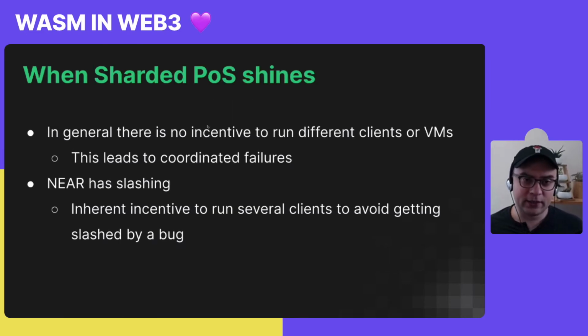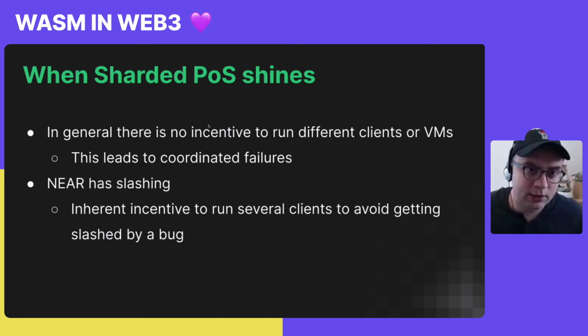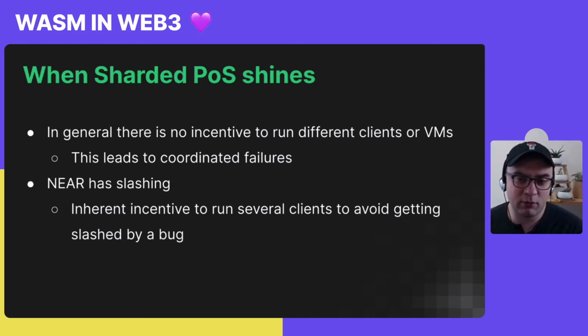The interesting thing is that running a sharded proof of stake blockchain actually has strong advantages. One of them is that we have an inherent incentive for validators to run multiple virtual machines. Right now, some virtual machines have implementations of their protocol stack in different languages.